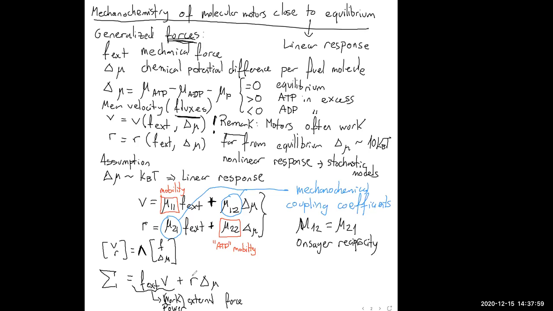And this is the heat dissipated, the heat dissipation rate, because it's per unit of time, due to ATP consumption. And this sigma here is the entropy production rate, so how much entropy is produced per unit of time. It is given by this in this example.